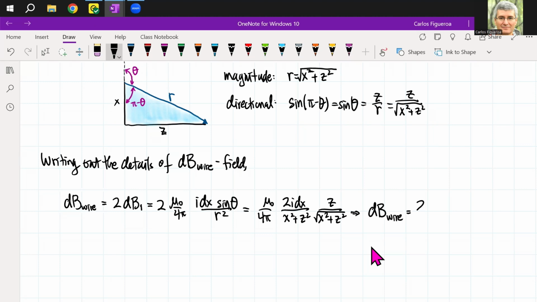It's going to be 2 mu naught I times z divided by 4 pi, and then x squared plus z squared to the 3 halves, times dx. And that's my field right there.